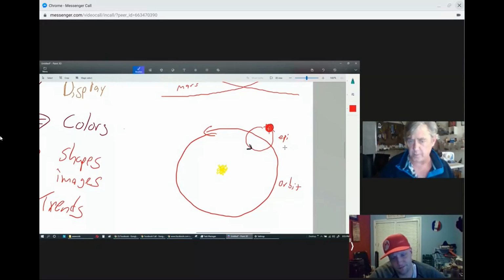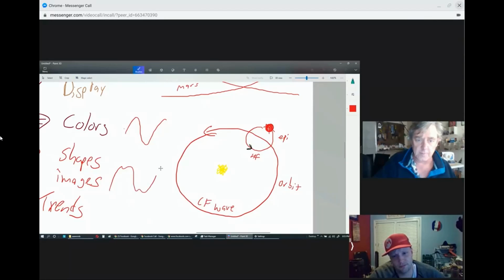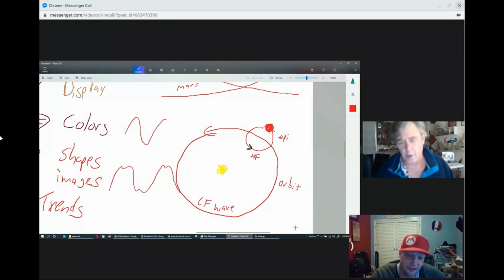We can think of this as a low frequency wave, and this thing is a high frequency wave. So instead of the normal motion of Mars like this, we end up with motions like this. Ah, I see. Yeah.